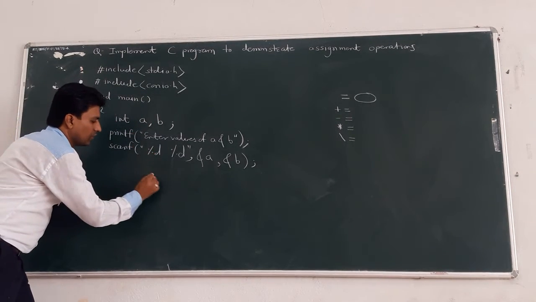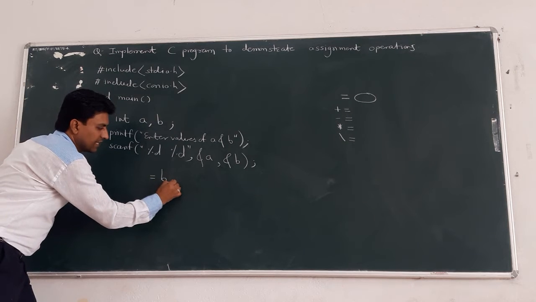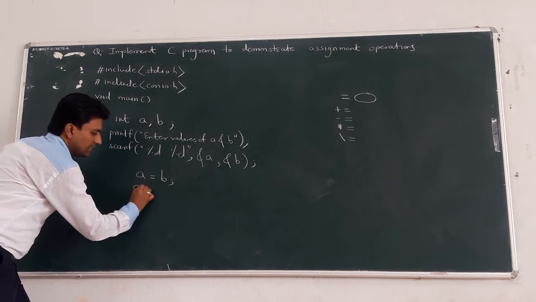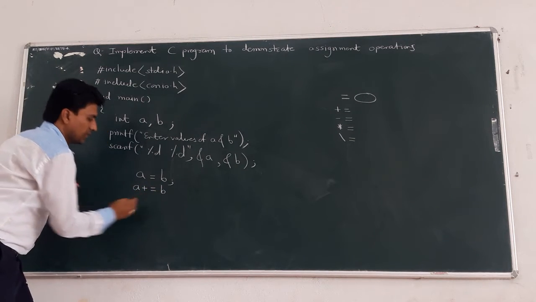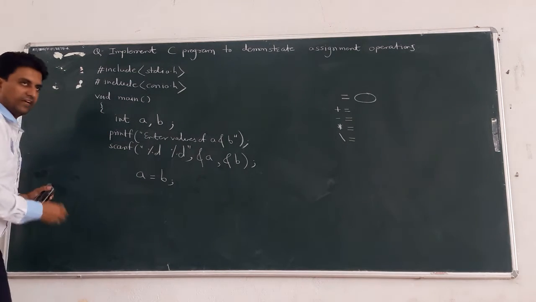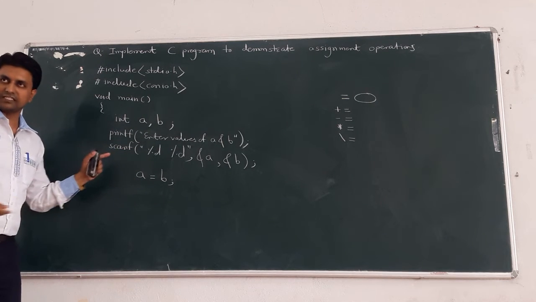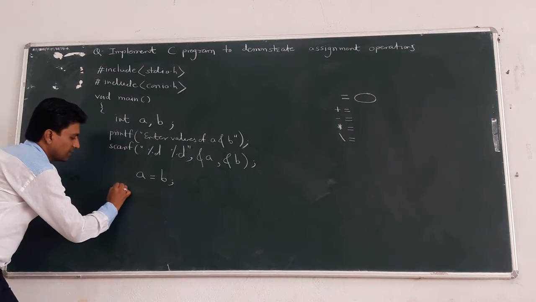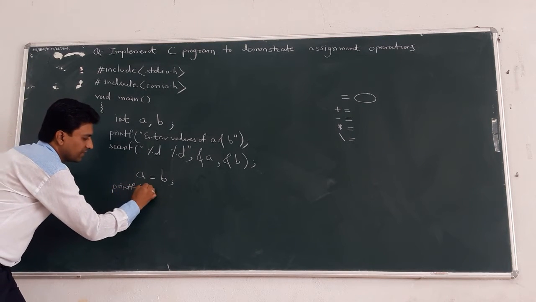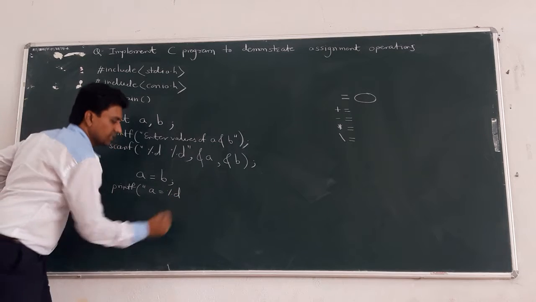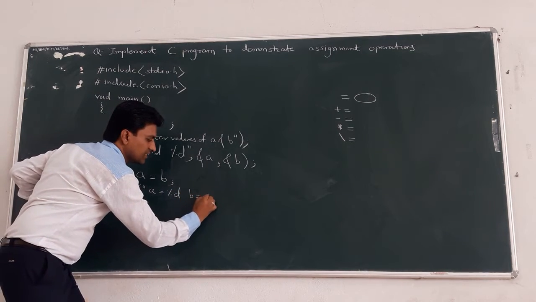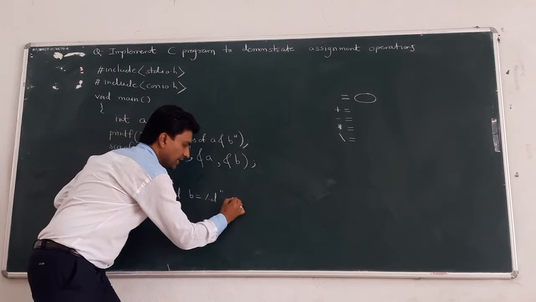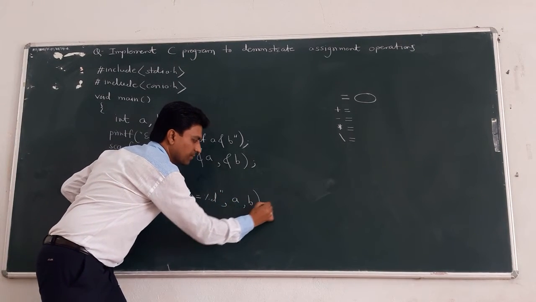Next, after that, make the assignment. Whatever may be the value of b, we can assign to a. Next, a is equal to b, or after that print the values. After each assignment operation, print the values of a and b both. Here, suppose printf a is equal to %d, b is equal to %d, double quotes complete, comma, after that a, comma, b.